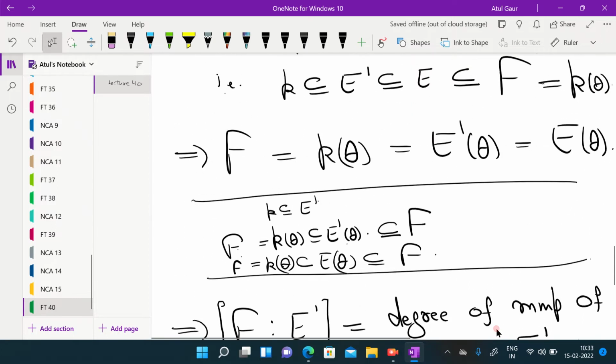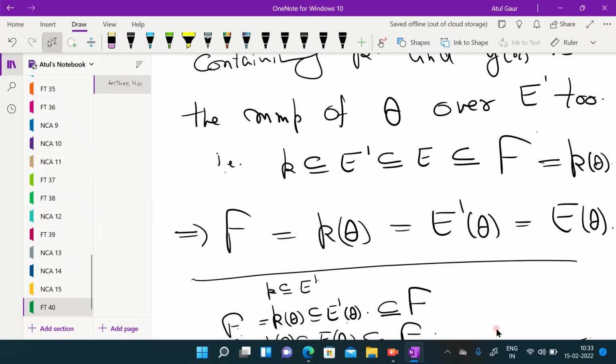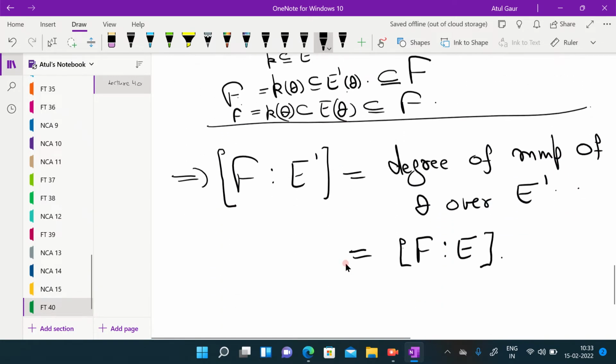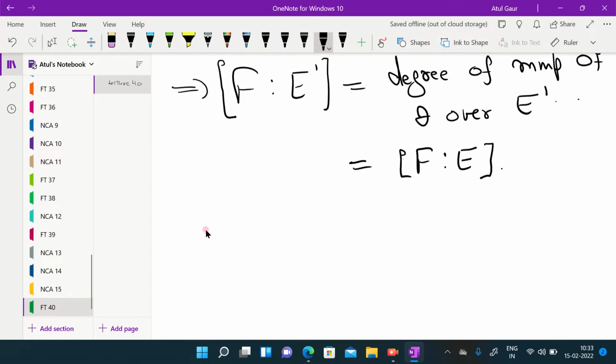All right. So go back. आपके पास you have this tower of extensions, right? And what is happening? This degree is same as this degree. What's the conclusion then? Yes, simple.